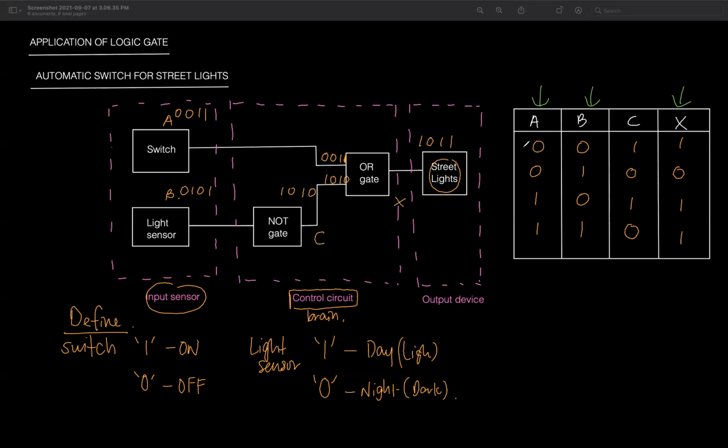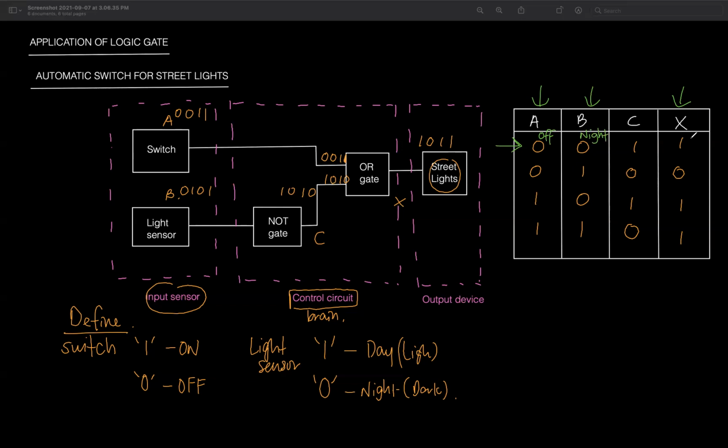What does this tell you, the logic gate? Let's look at the first line. If the switch is turned off, 0 is off, and B, the light sensor, says it's during the night, what happened to the outcome?